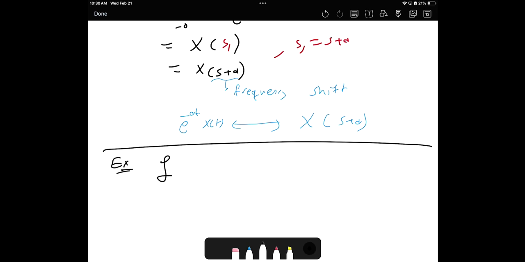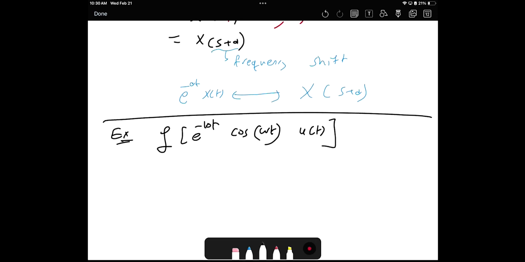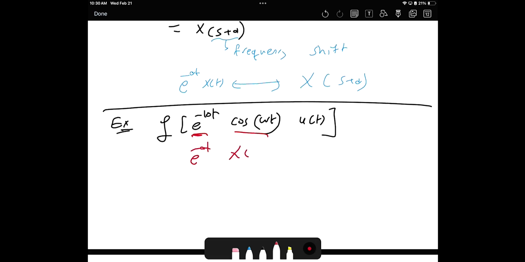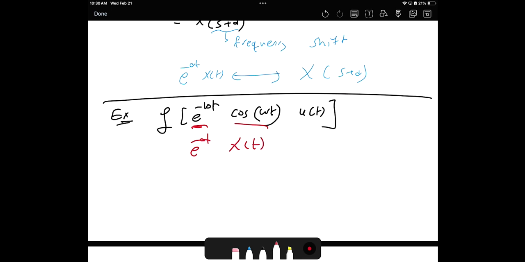Laplace transformation of e power negative 10t cosine omega t u of t. Now, we have an exponential times a function. So it looks like e power negative at times x of t, right?